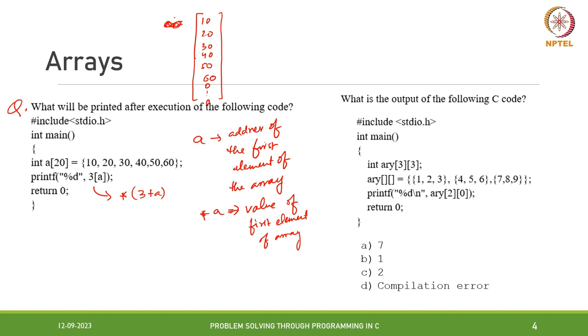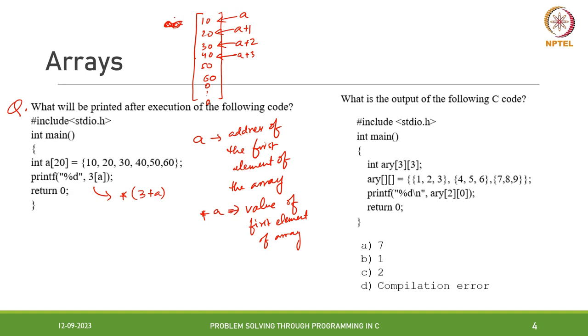Now what does A plus 3 mean? A is pointing to the first element. So this is A plus 1, A plus 2, A plus 3. So I am pointing now to the fourth element of the array.